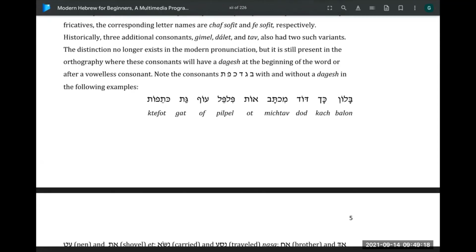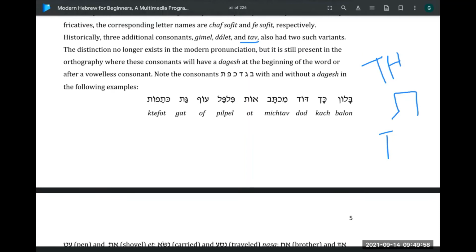What they're talking about here is, for example, Tav. It used to have another variant with more of a TH sound, and then it would have a harder variant, which would be a strong T. So this is why in your King James English Bible, which many like to decry as not good, but personally, I think it's a very good translation, the TH still is referencing, for example, the word Nathan.